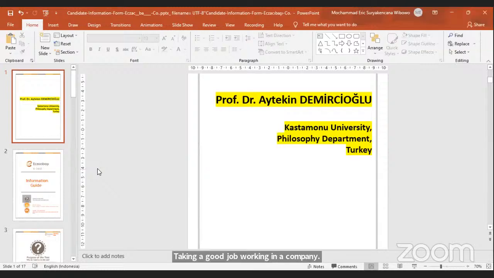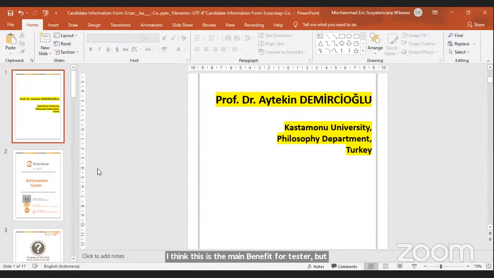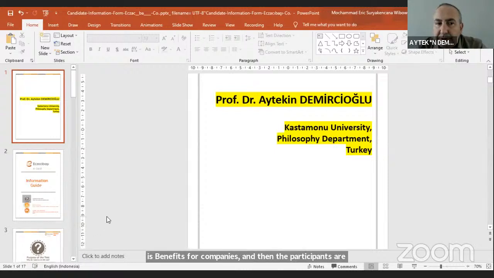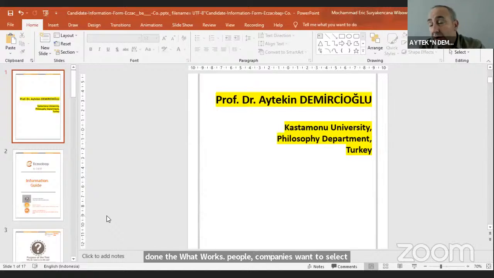You have to work for it. I think this is the main benefit for the tester. But the purpose of the test is more beneficial for companies than for the participants or the people who want to work. Companies want to select the most intelligent, most qualified persons using these tests.